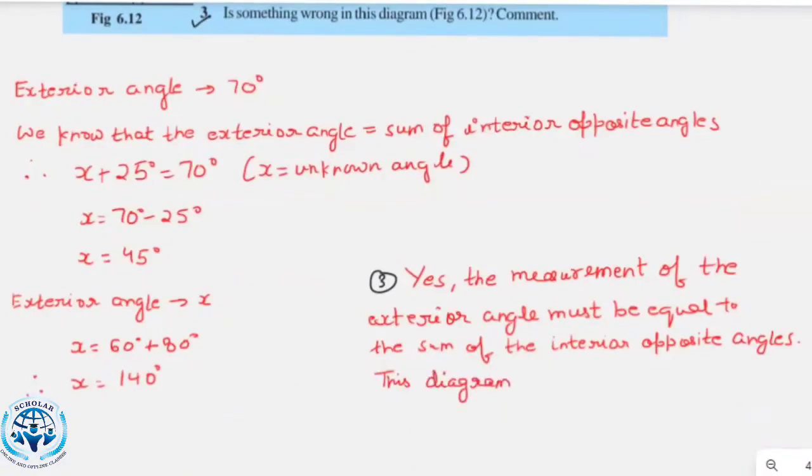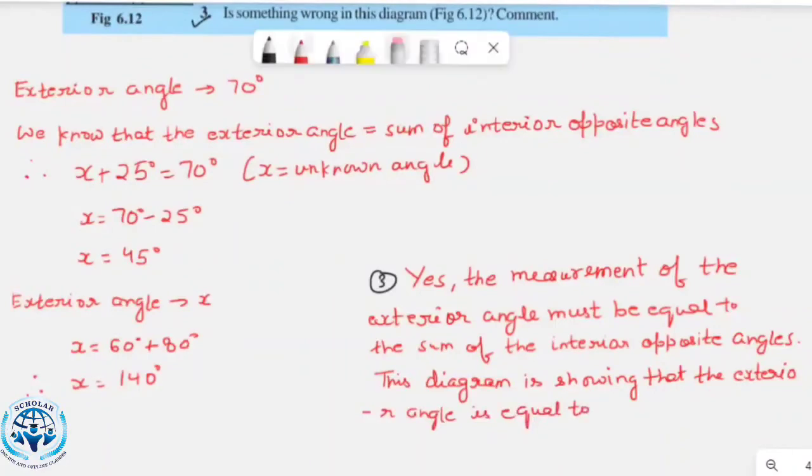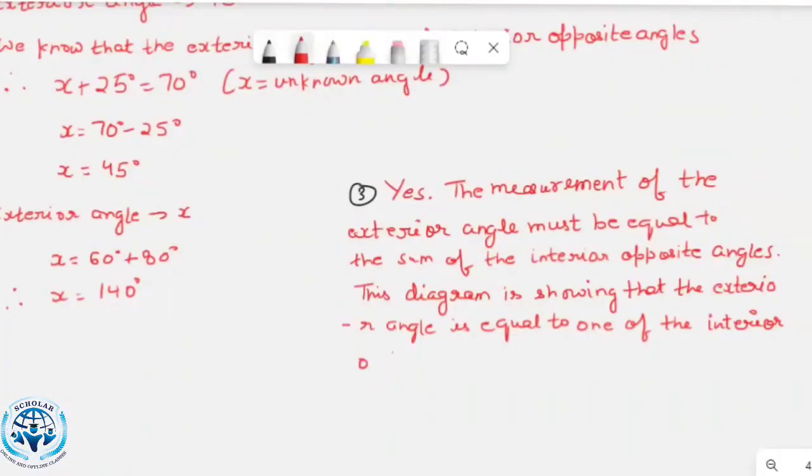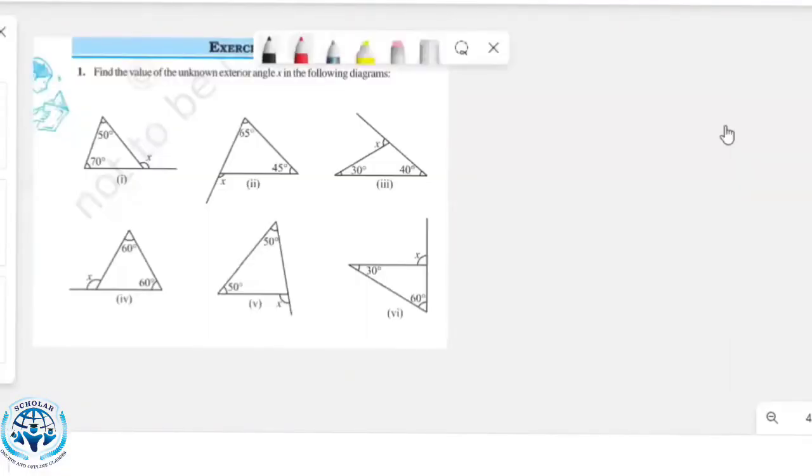This diagram is showing that the exterior angle is equal to one of the interior opposite angle, which is not true. Have you understood? Now we will start exercise 6.2.